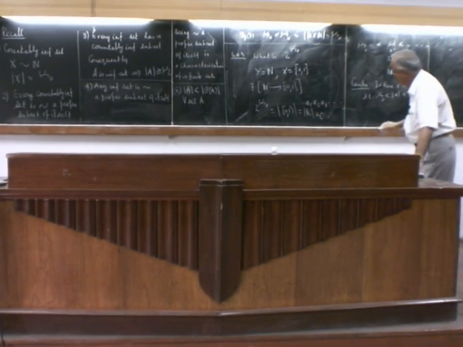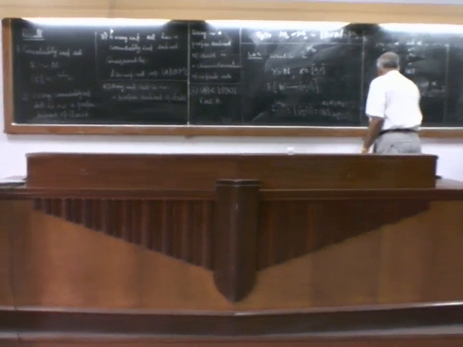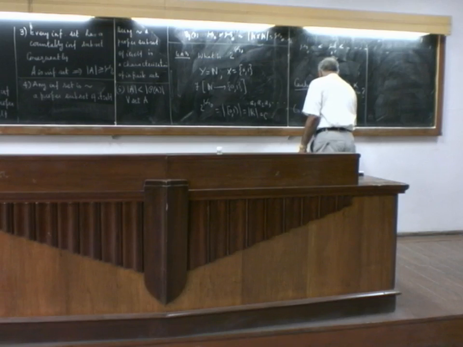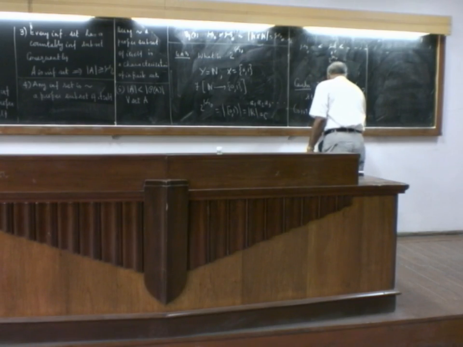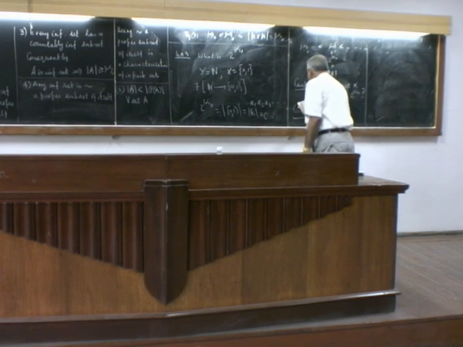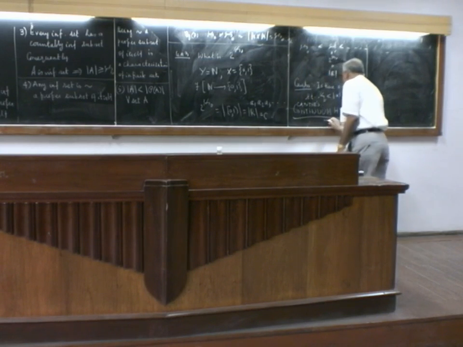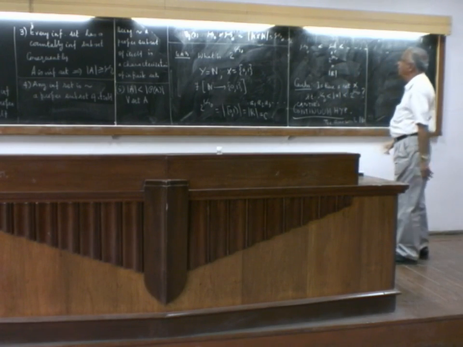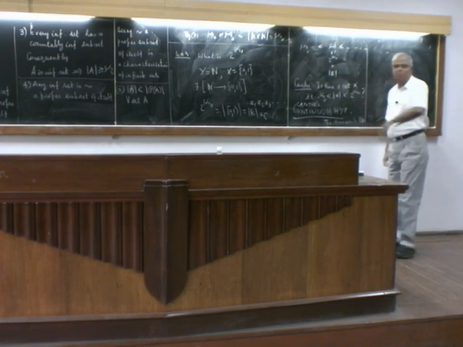So Cantor said, and that is called the continuum hypothesis. This is called Cantor's continuum hypothesis. The answer is no. That is, there is no infinity between the integers and the real numbers.